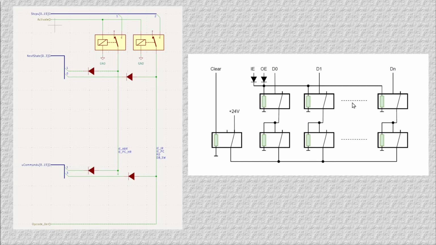And a register is storing the information by a relay which is holding itself. So if this relay is storing a 1, this switch here is in this position, and with this 24 volt here and this position, the relay is holding itself.